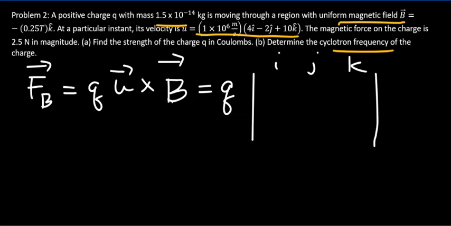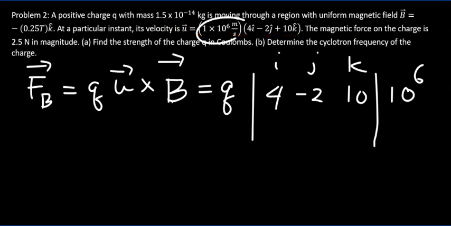The velocity vector has all components. So this is 4, the x component, minus 2 is the y component, and 10 is the z component. Now don't forget that 10 to the power 6, the common factor for the velocity, and you can write that out of that determinant sign. The next vector is the magnetic field.